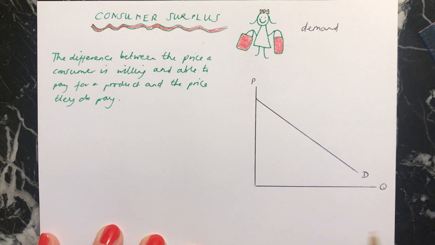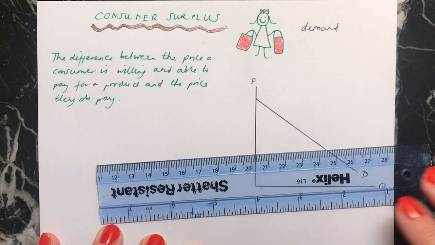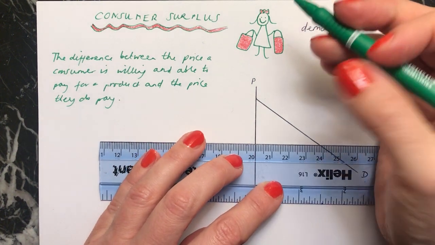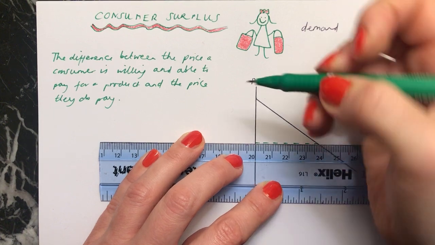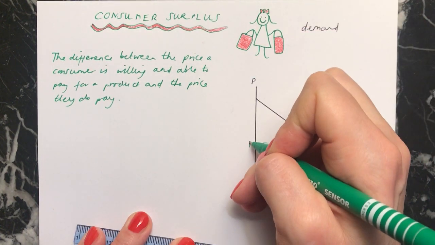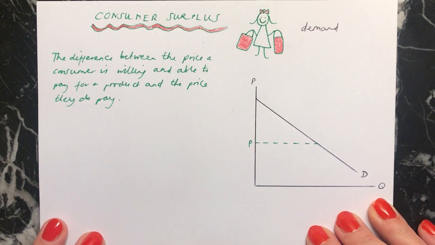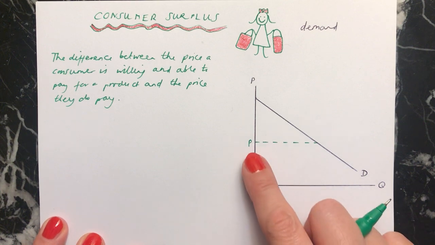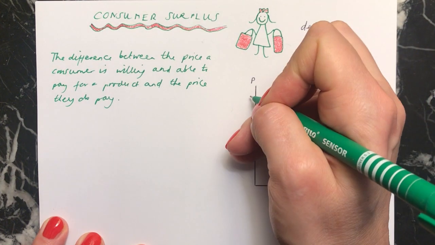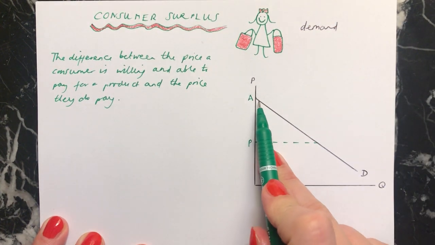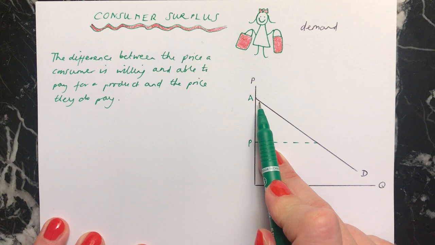And in any situation, if you take a price in this market, for example, here at little p, the consumer surplus is the difference between the price that they actually pay and the price, let's call this A, that they were willing and able to pay.